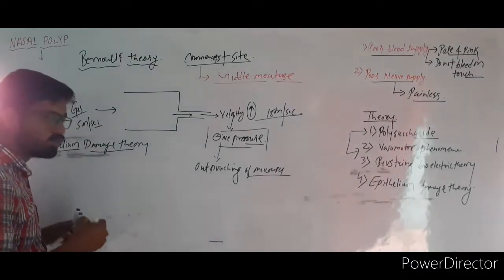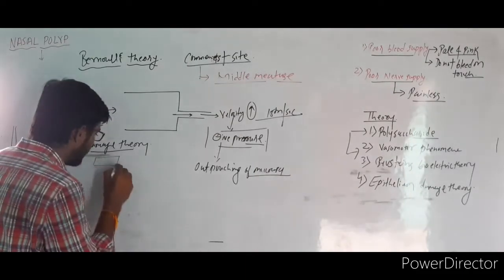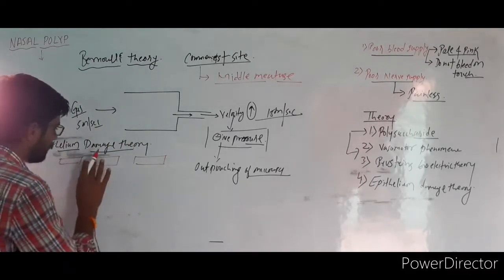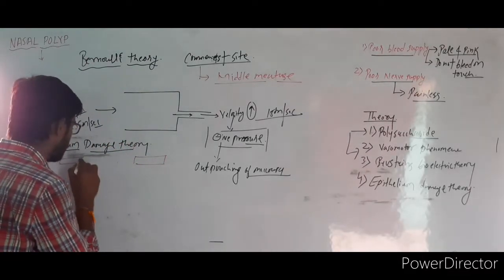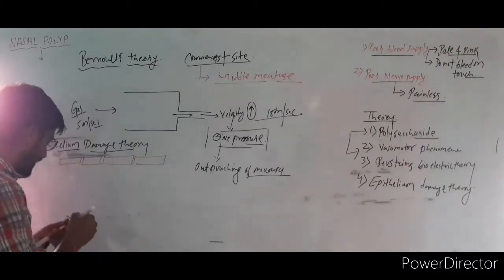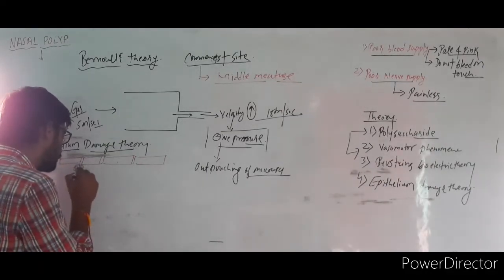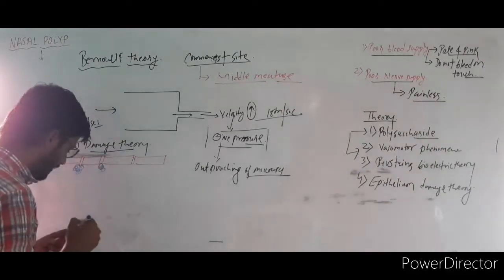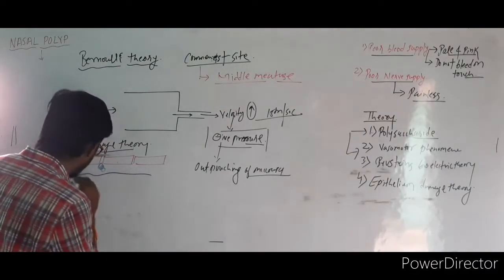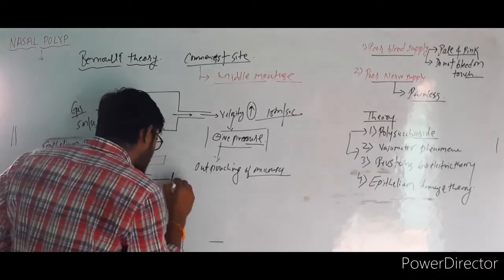Here is the epithelium, right? This is the epithelium, and here will be your goblet cells. And here is the submucosa, here is the lamina propria. This is the lamina propria.